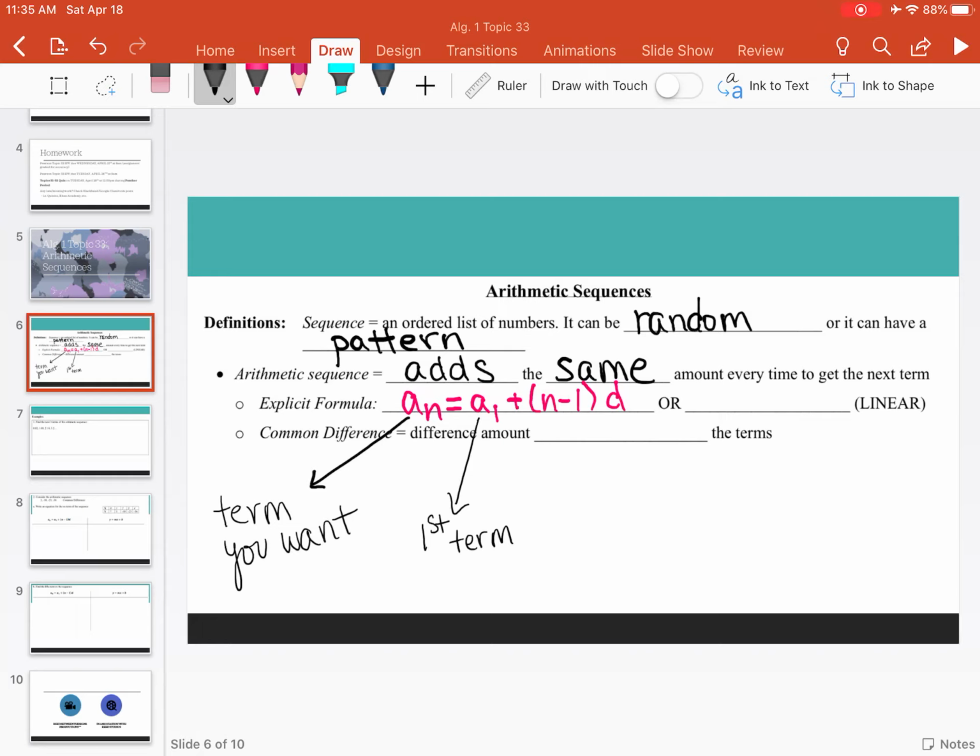Now notice here how we have n minus 1. And this n is a big N. It's not a subscript like we saw at the beginning of this formula, but it's a big N. This stands for 1 less than the term number.